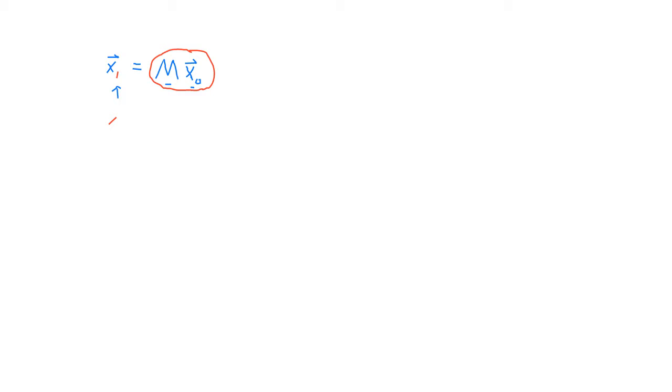Now, if I want to find the population distribution between the city and the suburbs after 2 years, I would take the matrix M and multiply it by what vector?